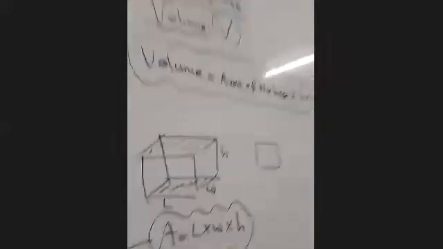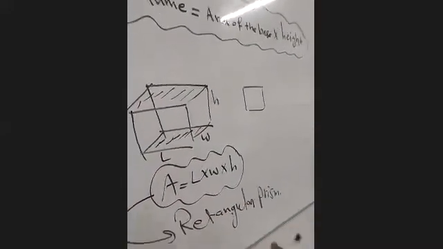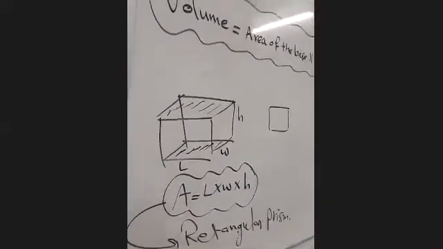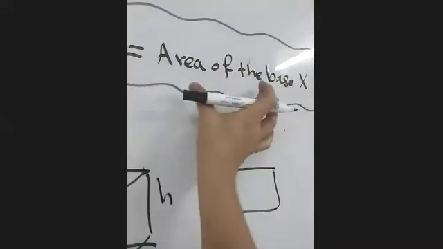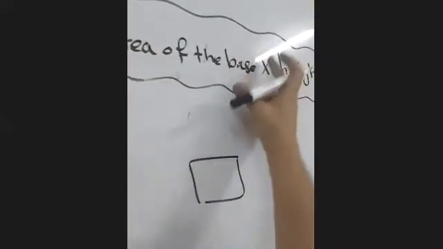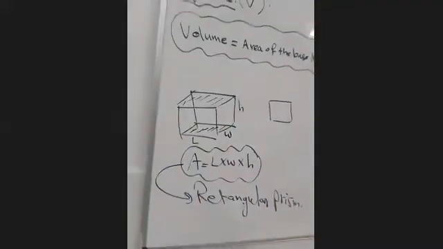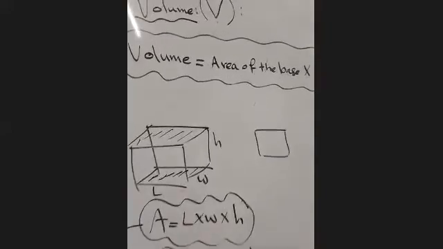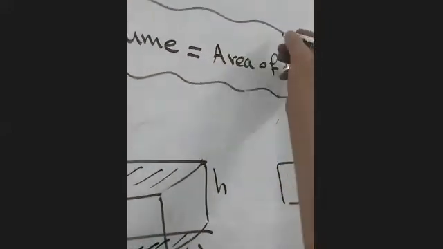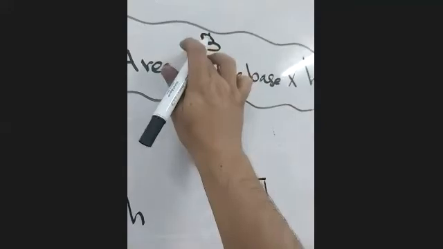So, to find the volume in general, guys, for any solid figure, search for the base, calculate the area of it, then multiply by the height of the prism or the solid figure which you have, okay? Now, we will call the area of the base capital B, and the height, we know it, h.